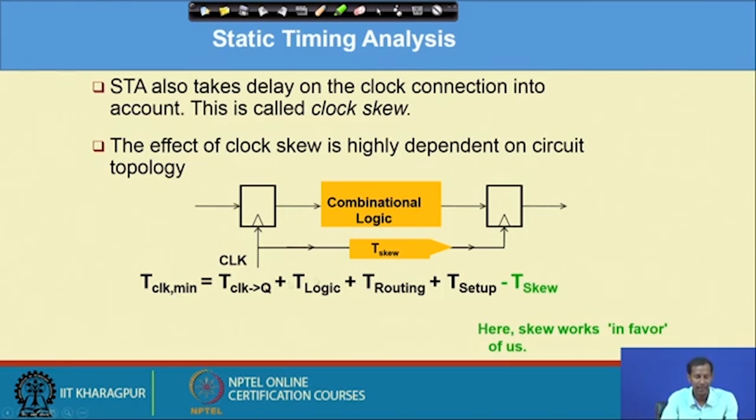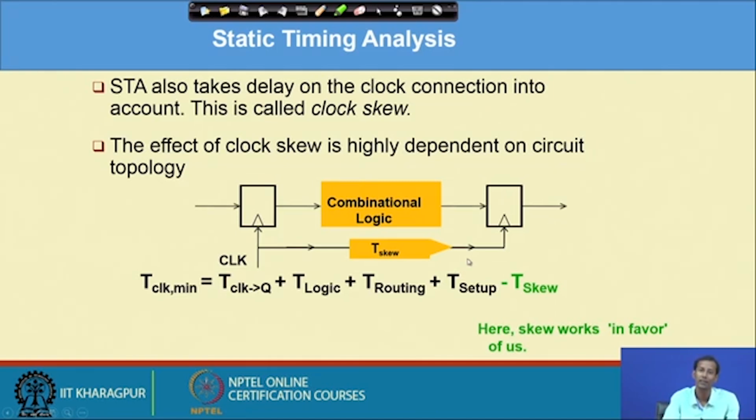But then again, if the clock has some skew, what is the meaning of clock skew? In synchronous design, you have to be very cautious, because the clock is synchronous to each of the sequential elements.